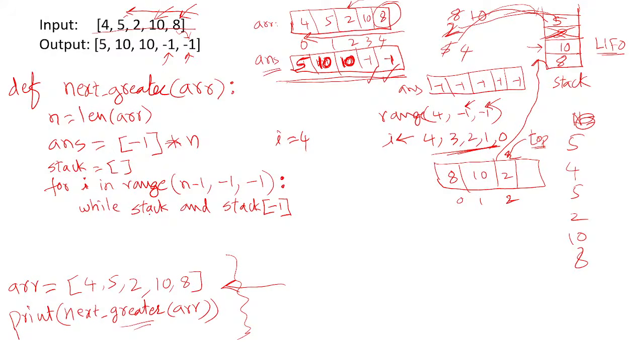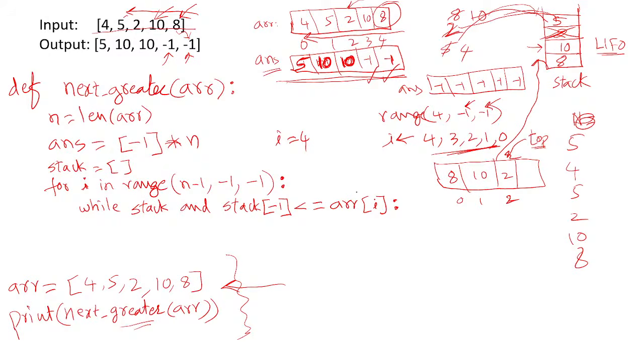While the stack has elements, and stack of -1, that is the stack top, is less than or equal to array of i, that means there is a smaller element in the stack.